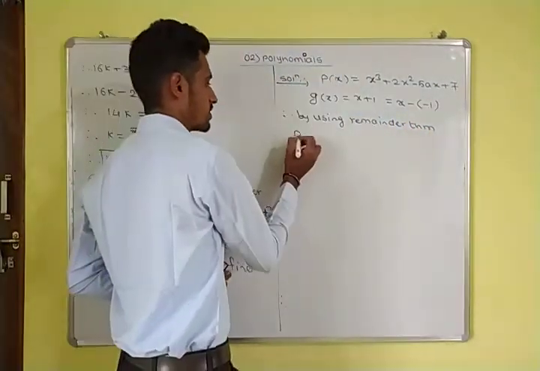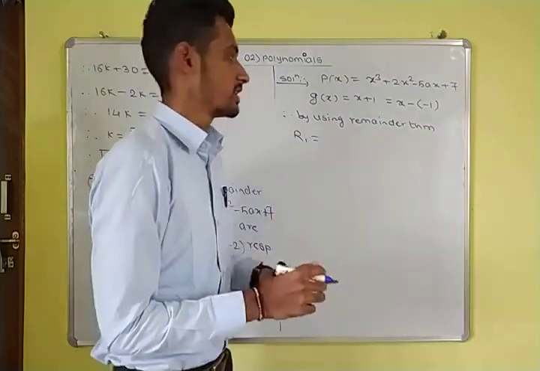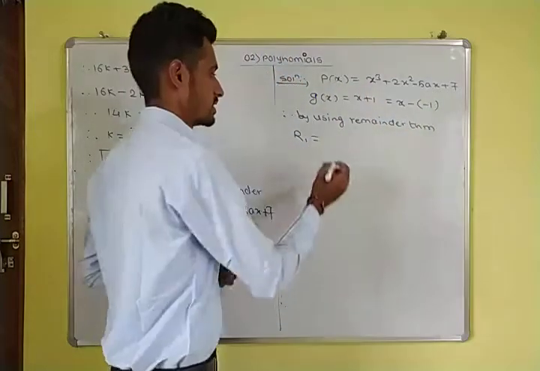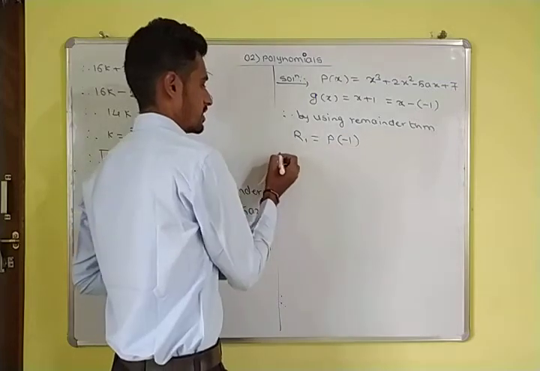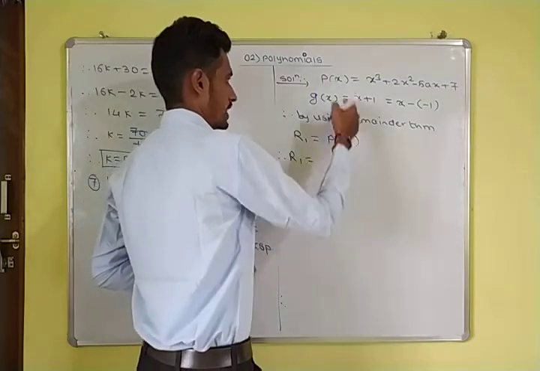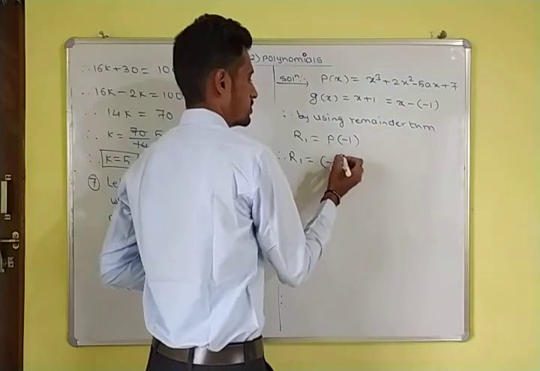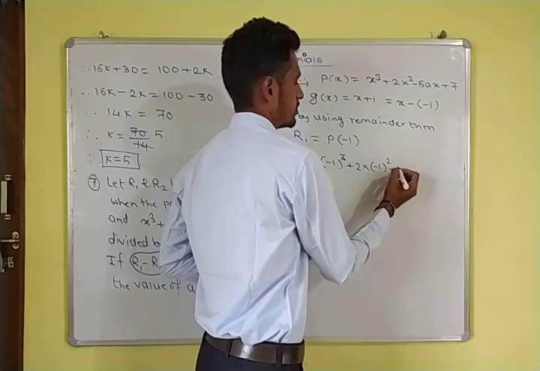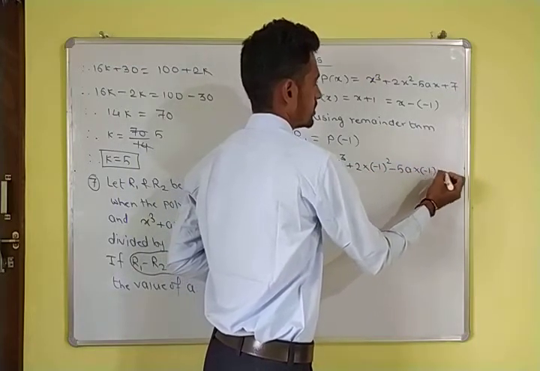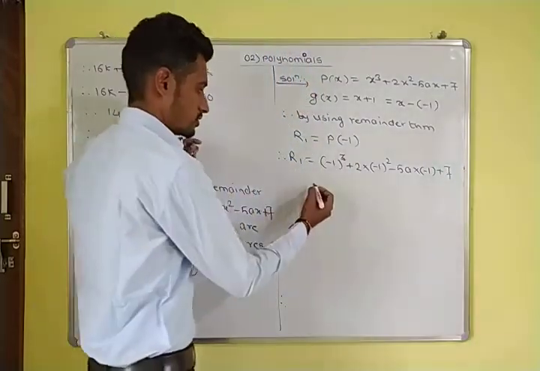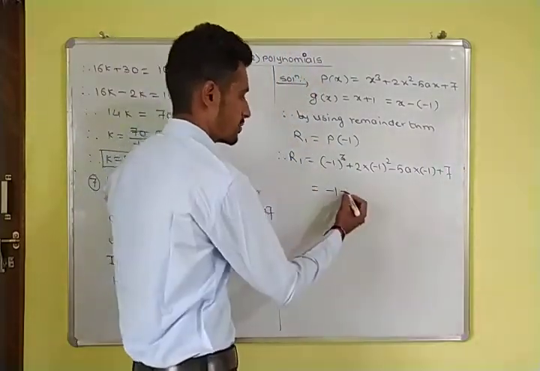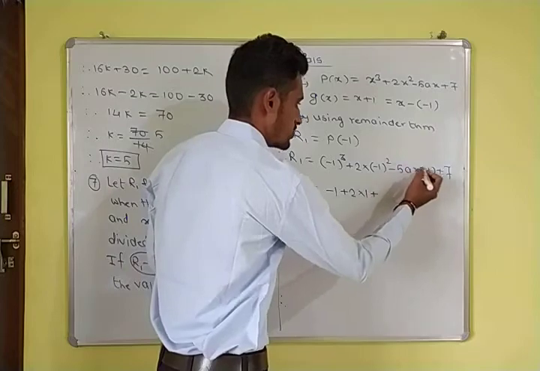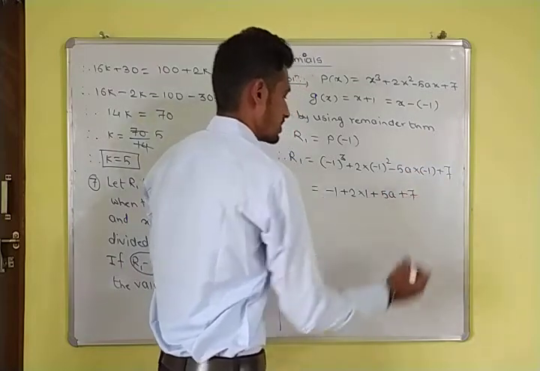the remainder of this is r1. Instead of x minus a, here it is x minus of minus 1, so we put -1 in place of x, that is p of -1 is the remainder. Therefore r1 is equal to -1 cube plus 2 into -1 square minus 5 into -1 plus 7. So -1 cube is -1, plus 2 into -1 square is 2, minus minus becomes plus 5, plus 7.